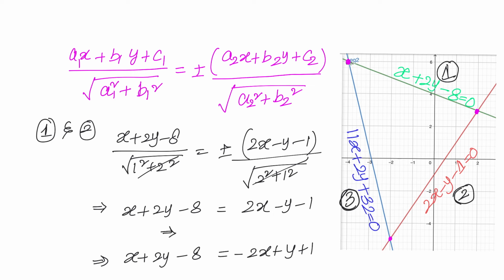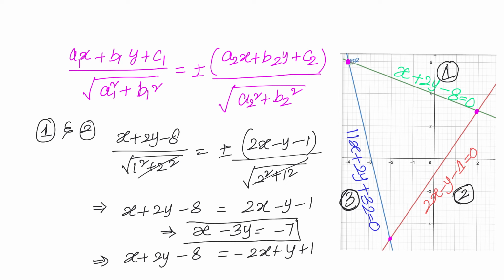Let us see. The first equation gives us x, minus 3y, and this will be minus 7. 2x minus x is x, minus y minus 2y is minus 3y, and this minus 1 will go to that side.